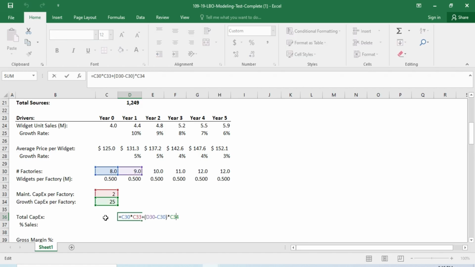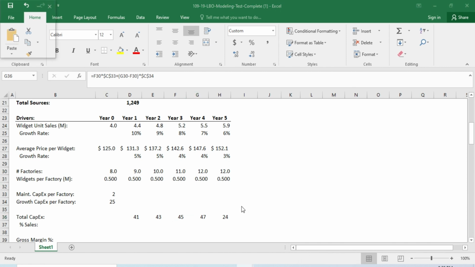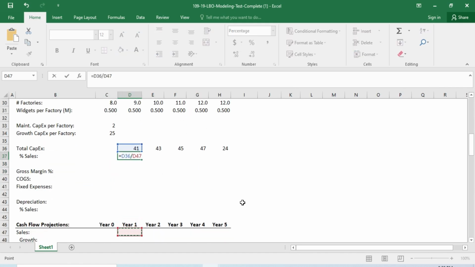So just fix the, okay, this is done. This is where we will calculate total capex percentage of sales by dividing this into sales.